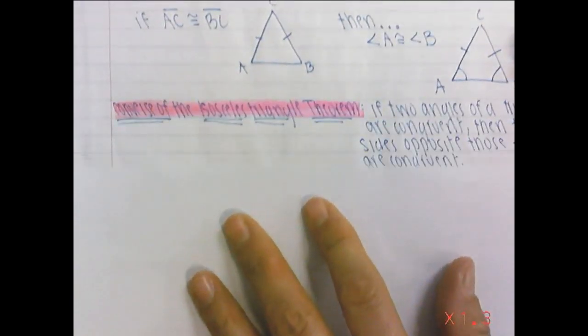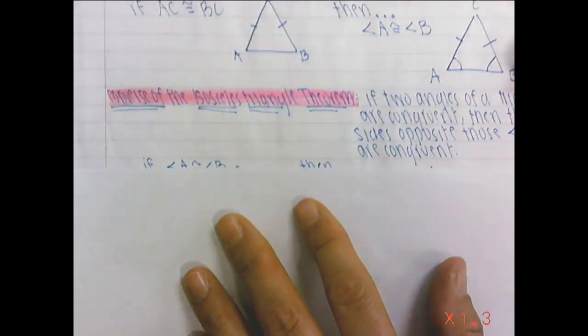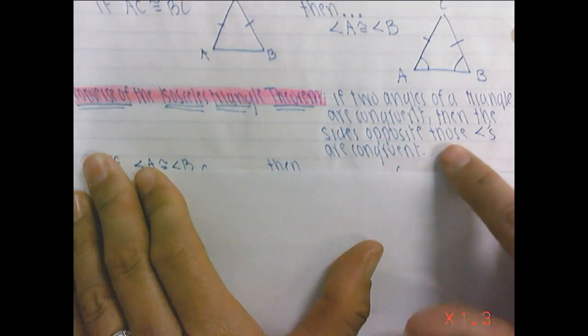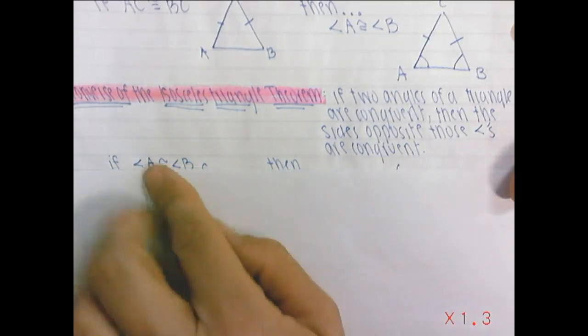Okay, and moving along to the converse of the isosceles triangle theorem. Converse, remember, is when we flip things around. So it states, if two angles of a triangle are congruent, two angles this time, then the sides opposite those angles are congruent as well. So we're going to look at this portion right here.